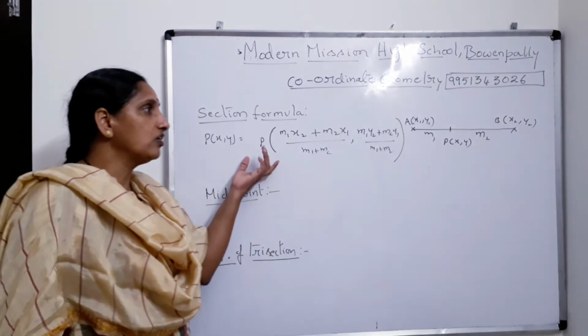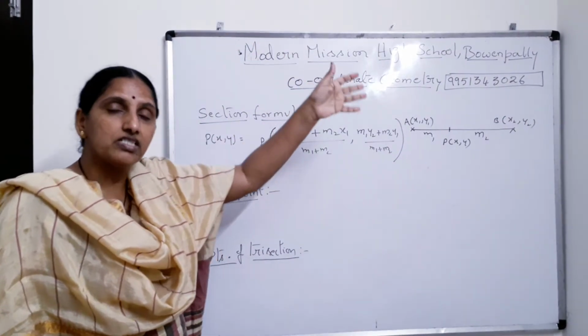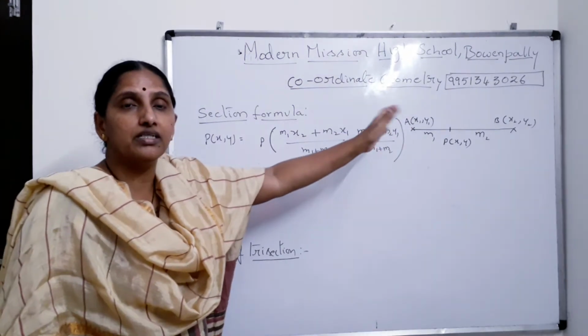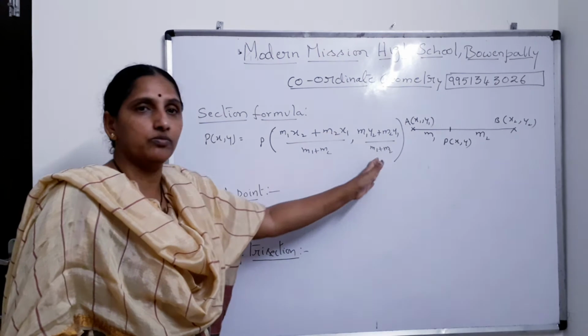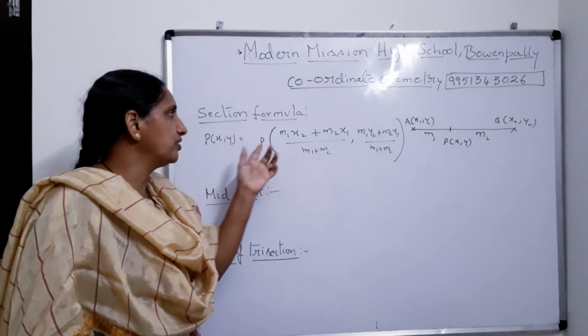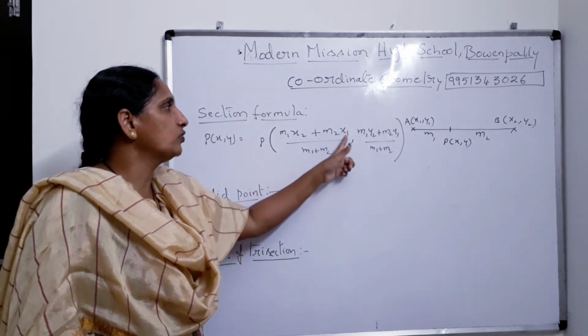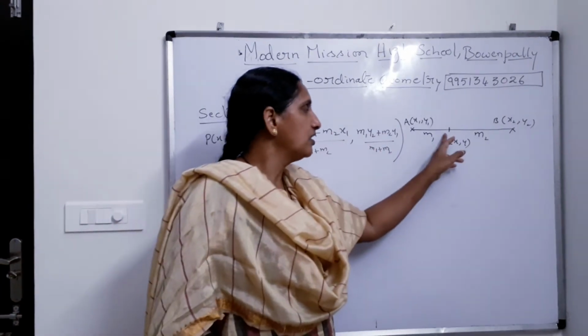Okay, we also have a derivation for this, just as we derived the distance between two points. You can take the coordinates on the xy plane and prove that to be this. Now P of x comma y is written as P of m1 x2 plus m2 x1 divided by m1 plus m2. What is m1? The first part. What is m2?